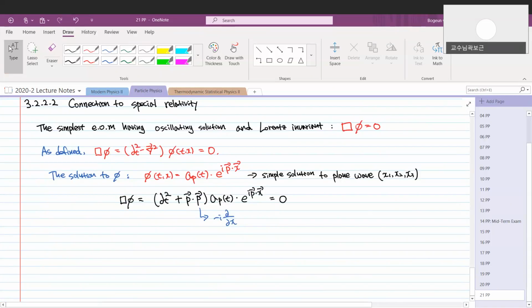Then we go to a more general solution, as we already studied for the simple harmonic oscillator from the classical point of view. We can consider the general solution for this kind of simple harmonic oscillator, so we generalize to the quantum generalized solution.